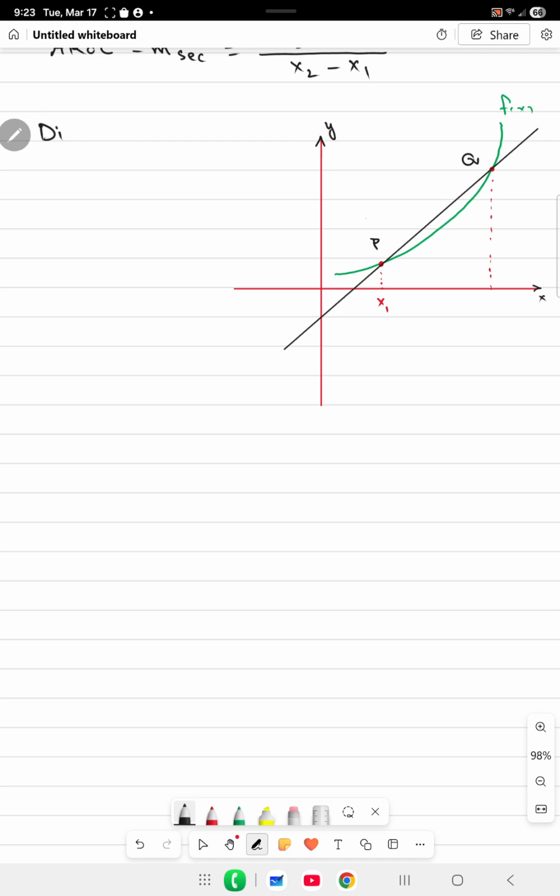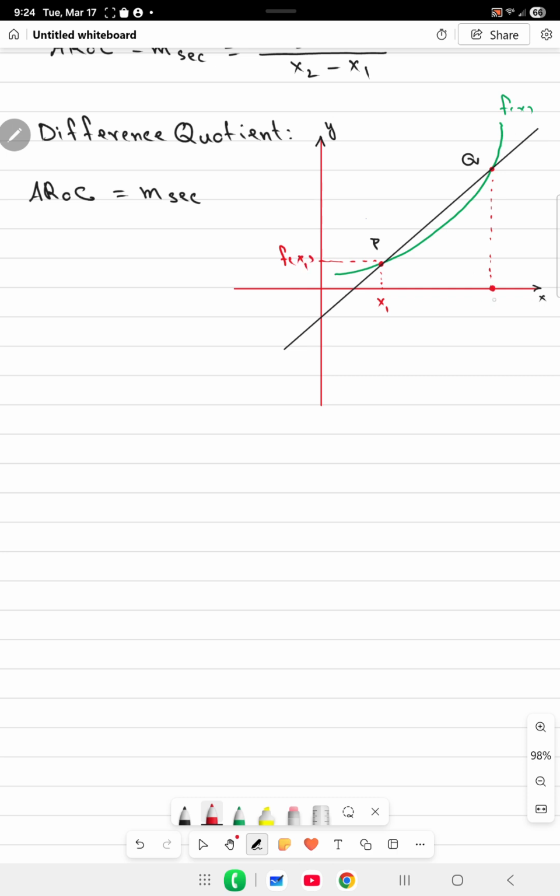We call it difference quotient. What is difference quotient? The meaning of difference quotient is average rate of change. It means the slope of the secant line. Let's create a formula. For example, I name this point x1. Definitely on the y-axis, it will be f of x1.